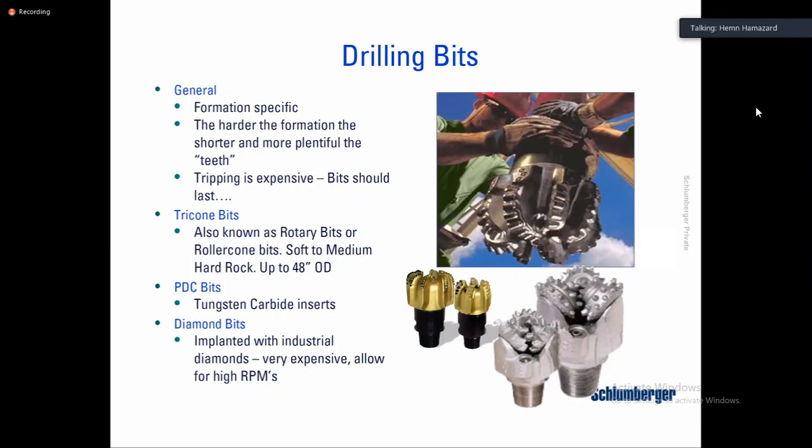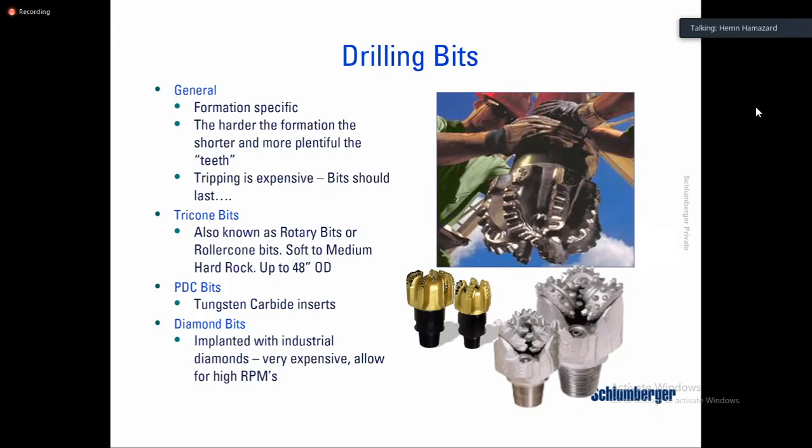Second thing, it's not only about a bit which can last for a long period of time. It should also perform in a desired way. That means your ROP, or rate of penetration, must be reasonable and in line with the plan, and the bit must also last in the hole for a long time.